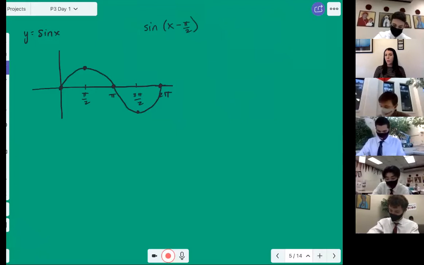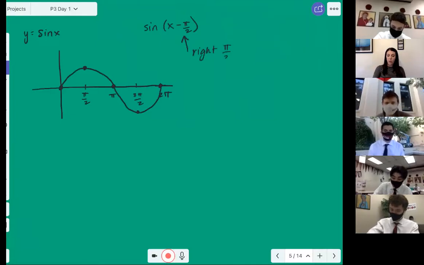Does anyone know how that one moves? Of x minus pi over 2? It has a transformation. Wouldn't it be right pi over 2? Exactly right. So it would go right by pi over 2. That's what this graph would do. So you might write that down because that is helpful to know. But that's not what I have.